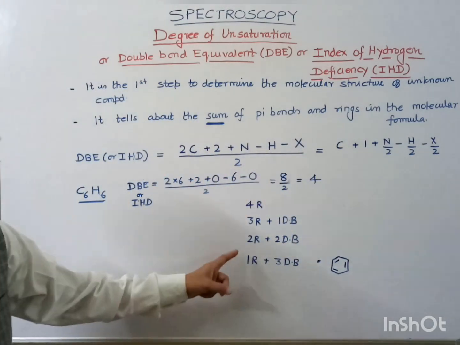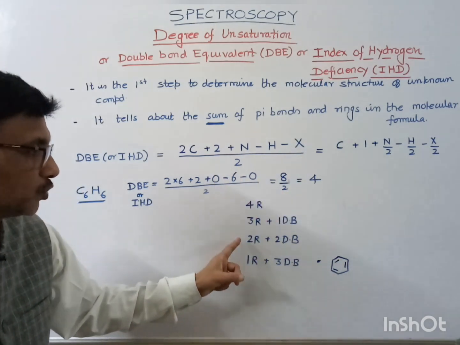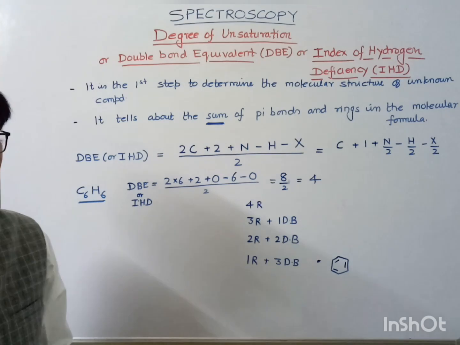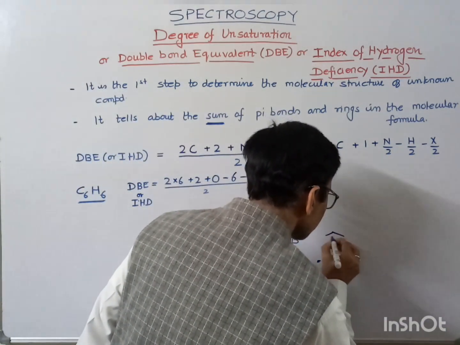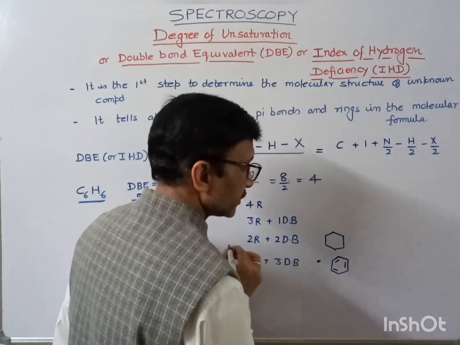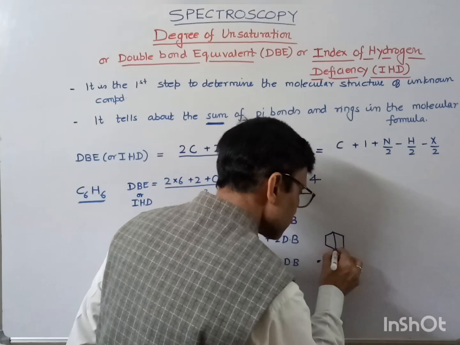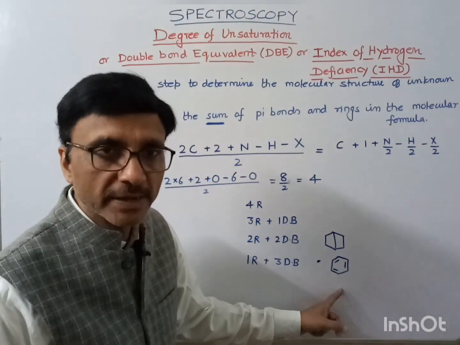Now if this 4 corresponds to 2 rings and 2 double bonds, then it may correspond to a structure like this. Now this corresponds to 2 rings. So how many bonds are present in this benzene?